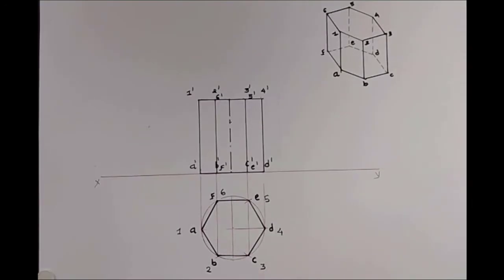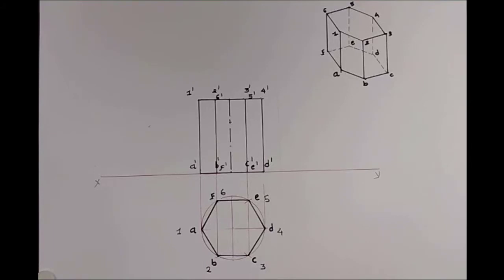Now the second stage of the problem is, say this hexagonal prism is cut by an AIP perpendicular to VP and inclined to HP by 60 degrees, passing through a point on the axis 40 mm above the base.